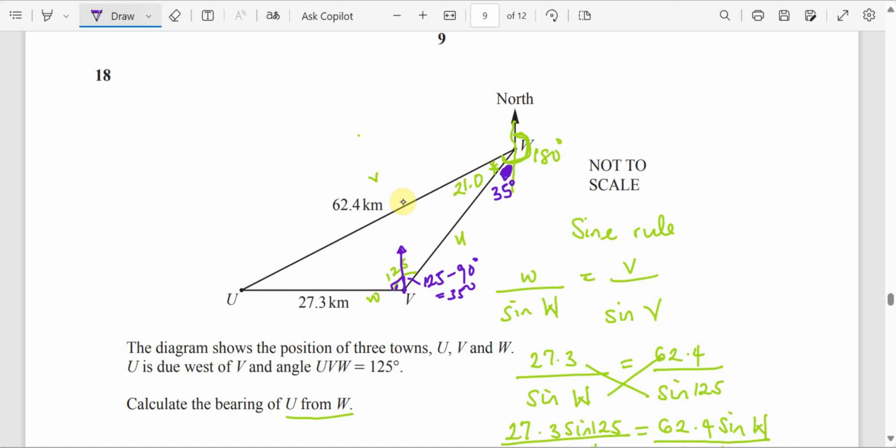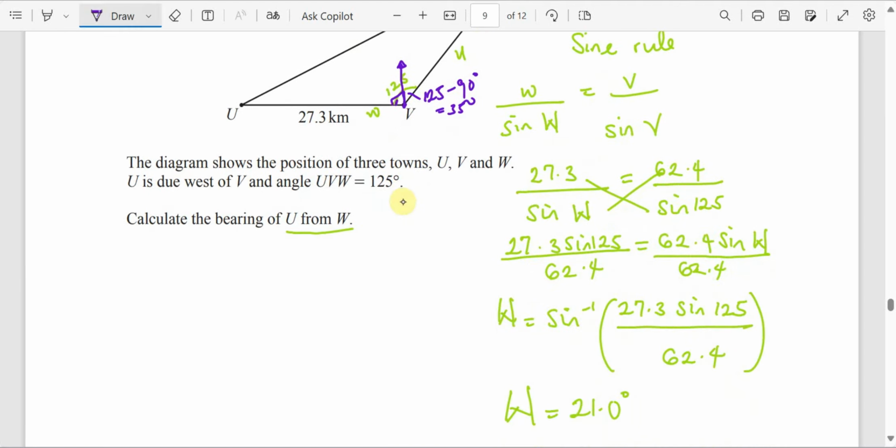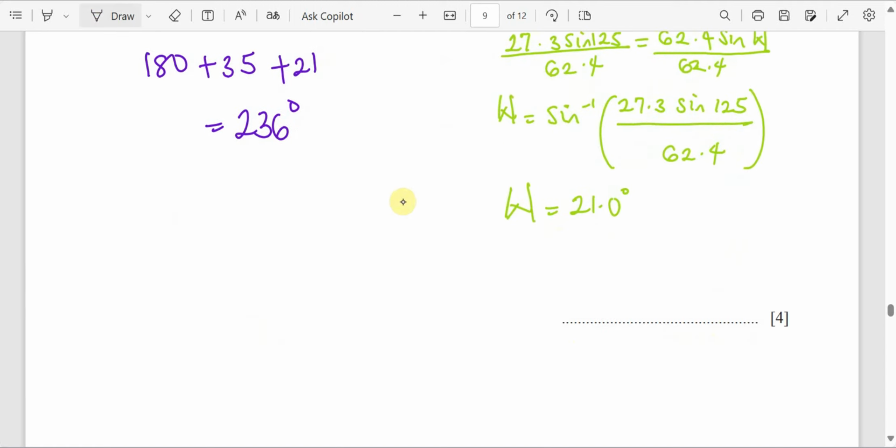So therefore we can say that the bearing will be 180 degrees plus 35 degrees plus 21 degrees, and that would give us 236 degrees. So the answer is 236 degrees.